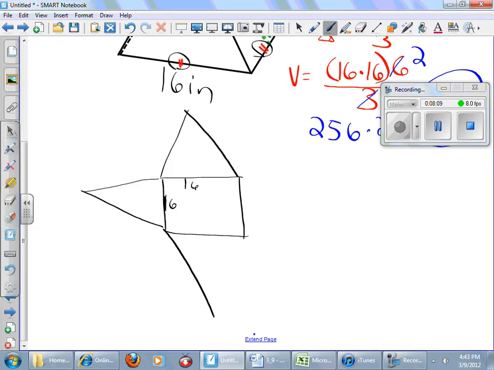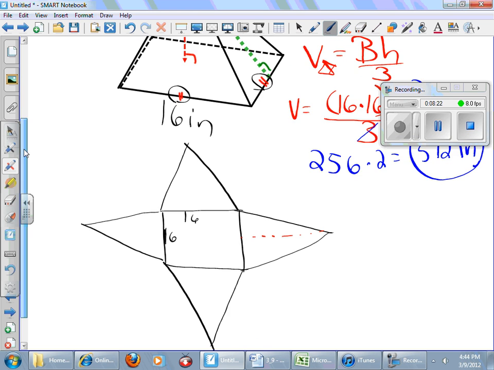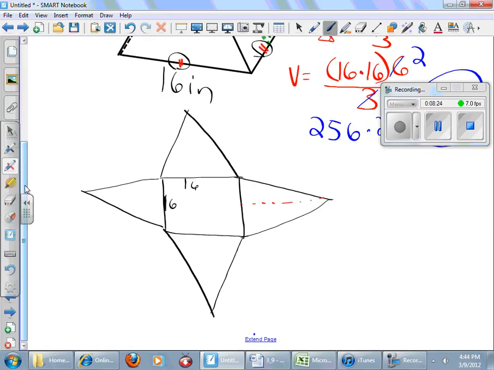And even though I'm not drawing them perfect, we know the 4 triangles are congruent. How do we know? Because there's a square involved. So I can show our height of the triangle, which in this picture I believe is 10 inches. 10 inches. I don't have to show it on all 4 because I know my 4 triangles are congruent. All right, I'll find the area of the square. I know it's 256 because I just did it. Inches squared. The area of this triangle.